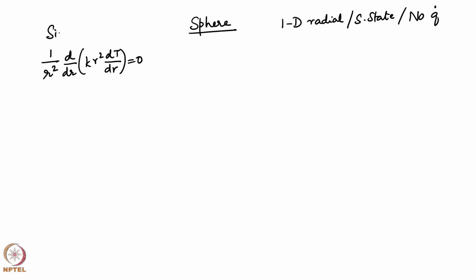So, the simplified heat diffusion equation in spherical coordinates, and k can come out. Which is nothing but 1 by r squared d by dr of r squared dT by dr equal to 0.